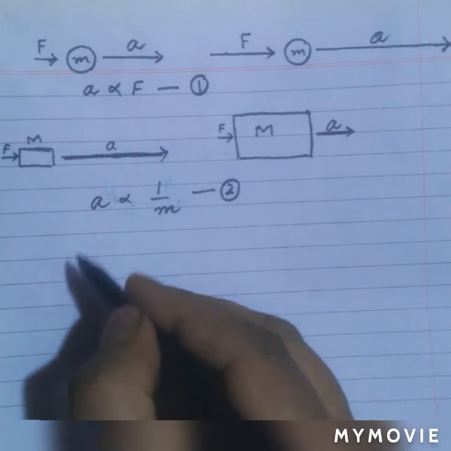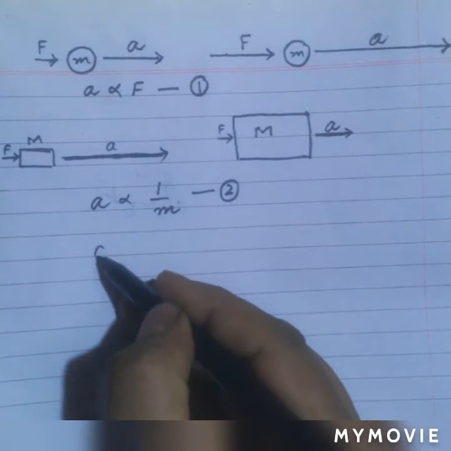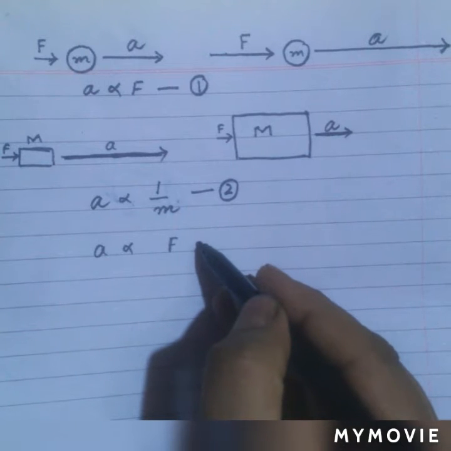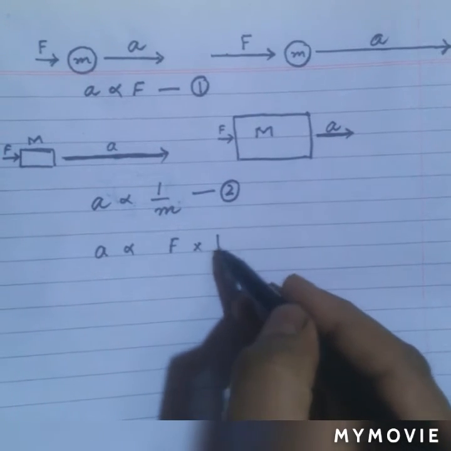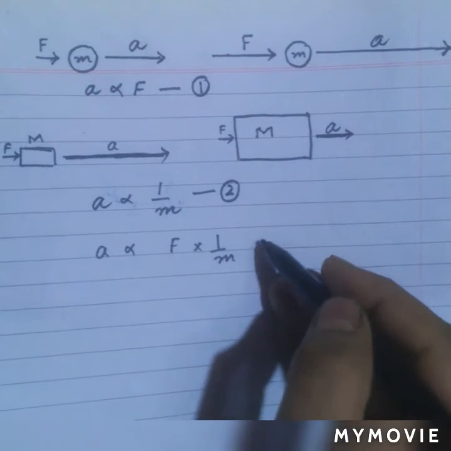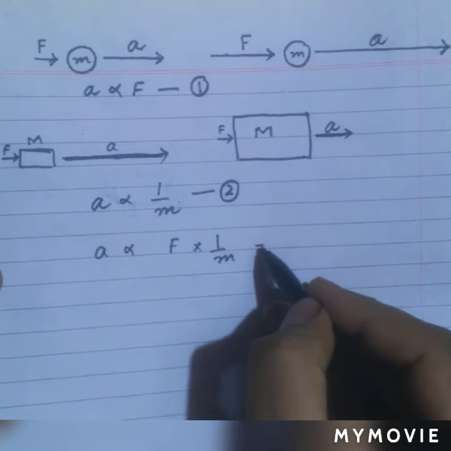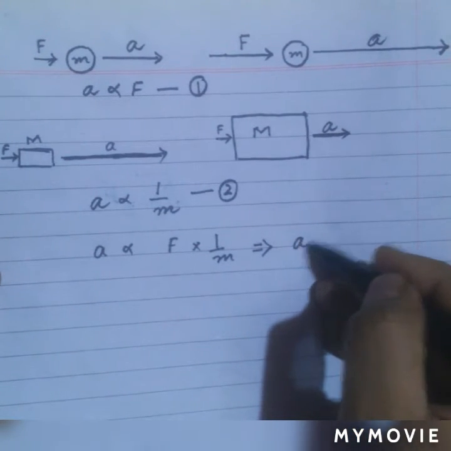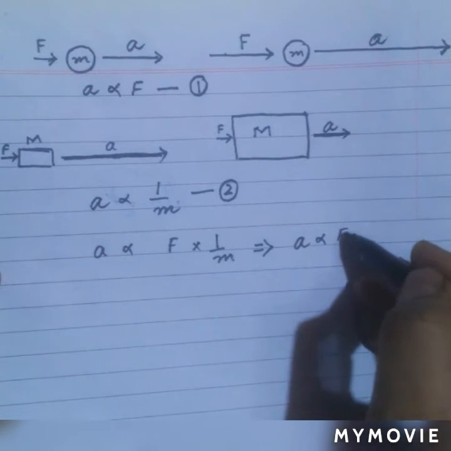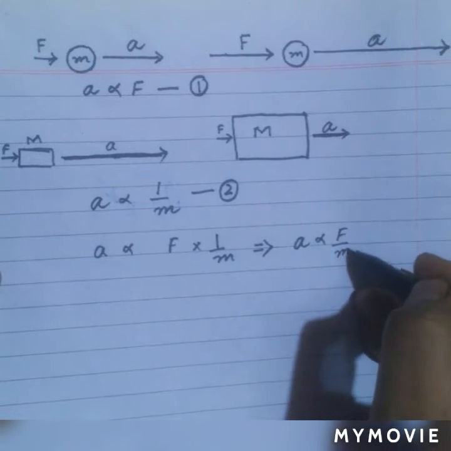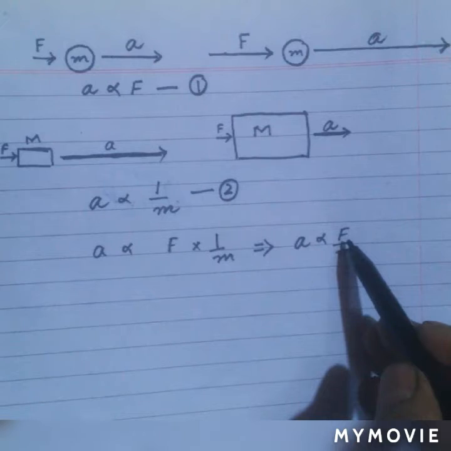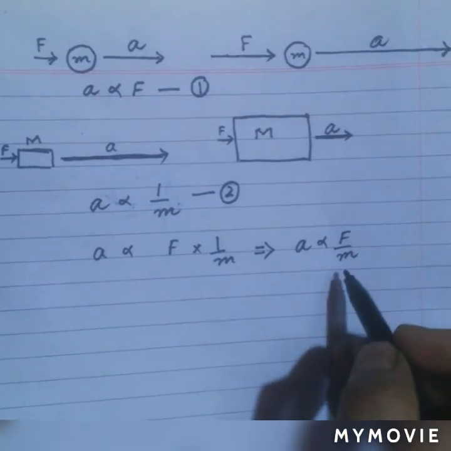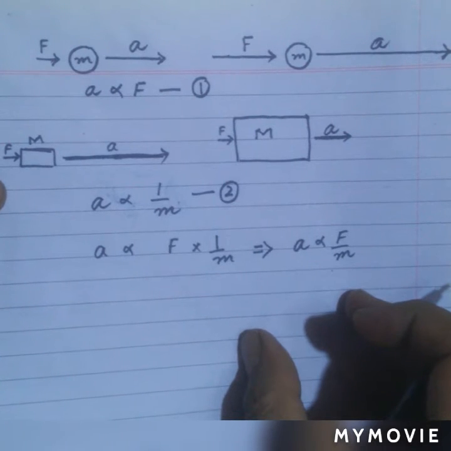Now, if we combine the two equations, we can write that acceleration depends directly on force and it depends inversely on the mass of the object. This argument leads us to the situation that acceleration depends on F upon m. Acceleration depends directly on force, and inversely on mass.